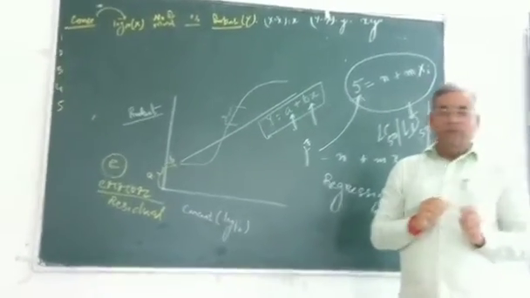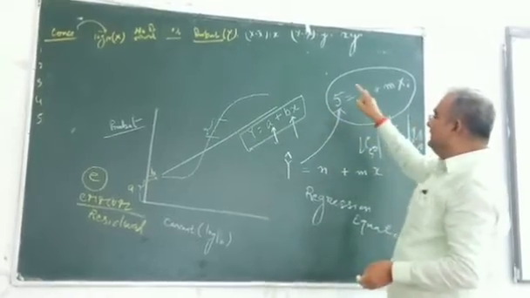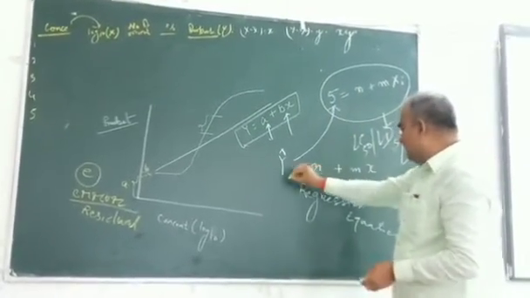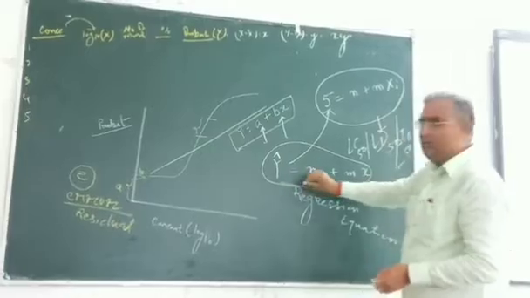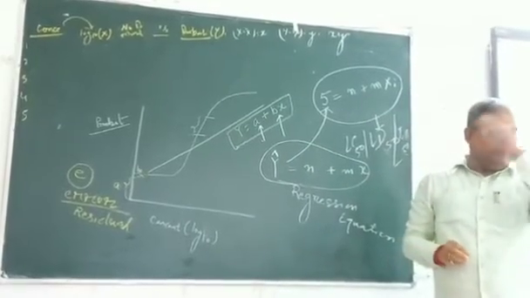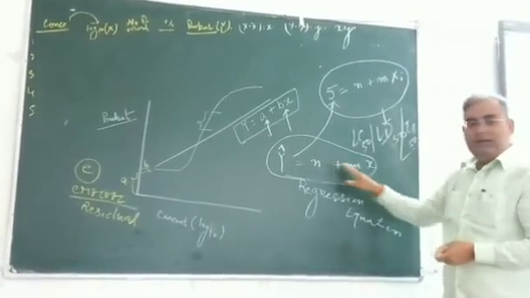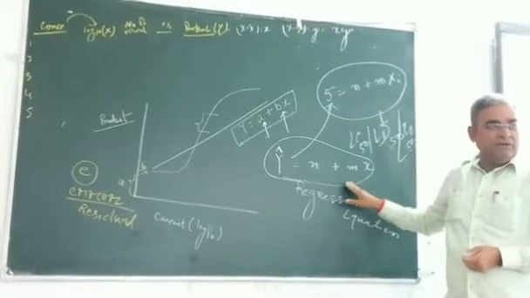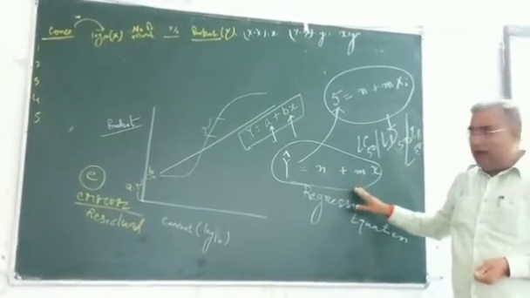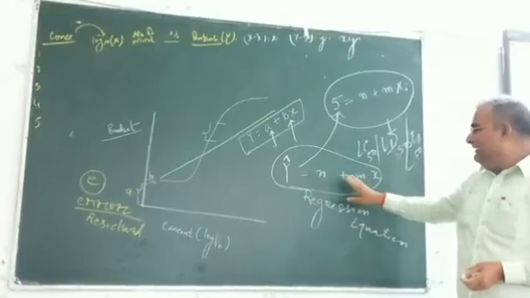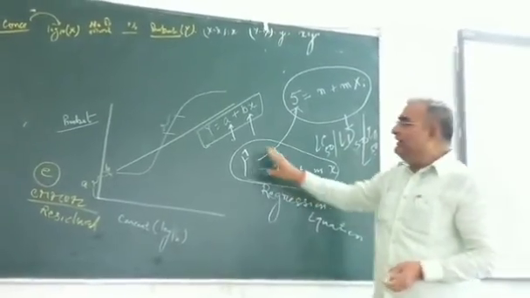Okay? Now, after the calculation and getting of the graph, that is the regression graph, after the calculation, we are getting the regression graph or regression equation or regression line.